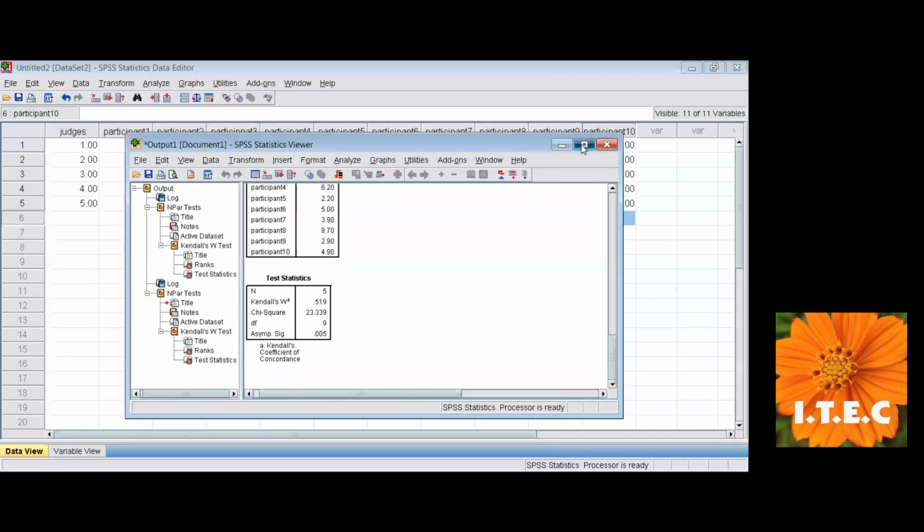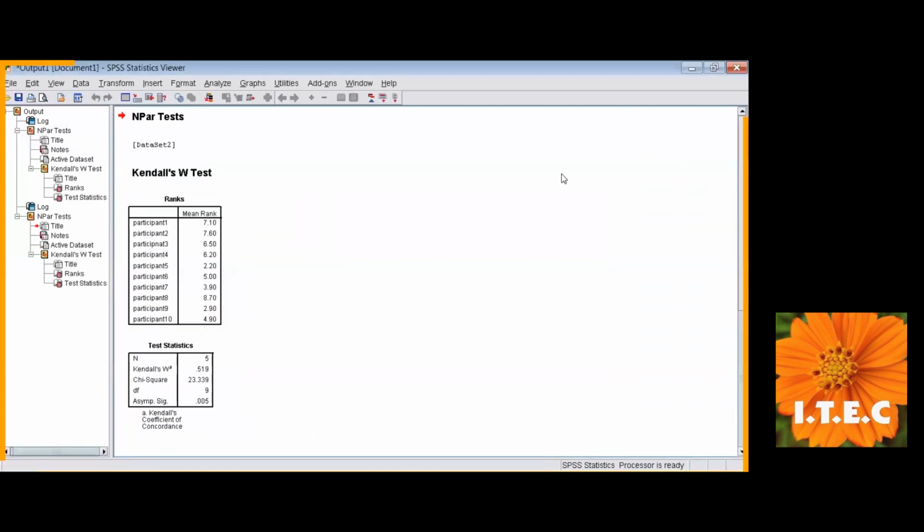So therefore, this is how you can have your findings. So this is the finding.